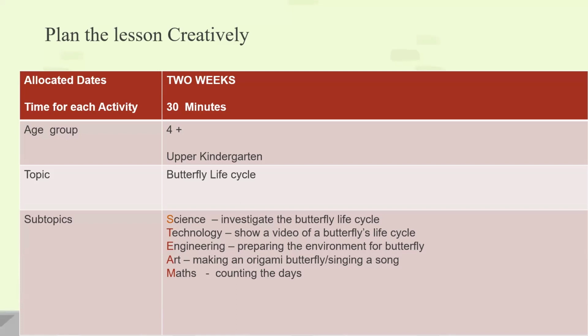And each day I allocated 30 minutes of time in the classroom. I have planned this lesson for 4 to 5 year old kindergarten children. They are a little capable of understanding and cooperating. The topic is, of course, butterfly life cycle.